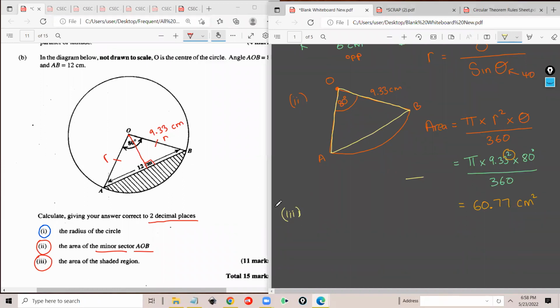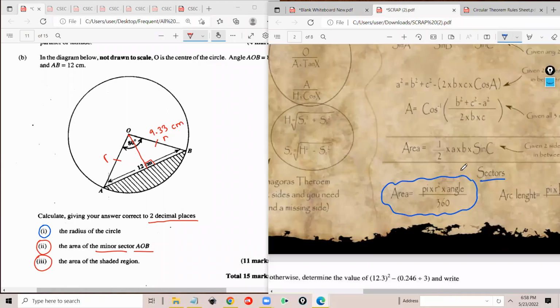Instead, there's another formula you could use to find the area of a triangle if you have the length of two sides of the triangle, which we do, because here's 9.33, and the other side, being another radius, would be another 9.33, and this is 80 degrees. If you have two sides and the angle in between the two sides, then you can use this formula.